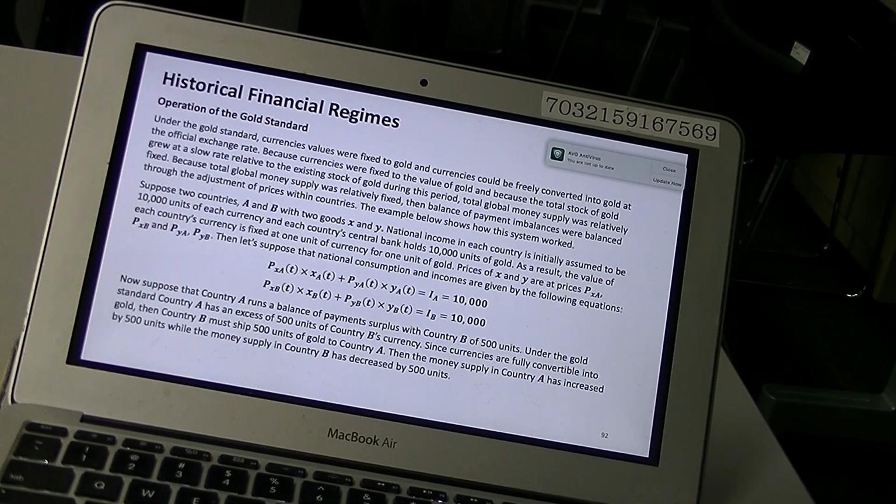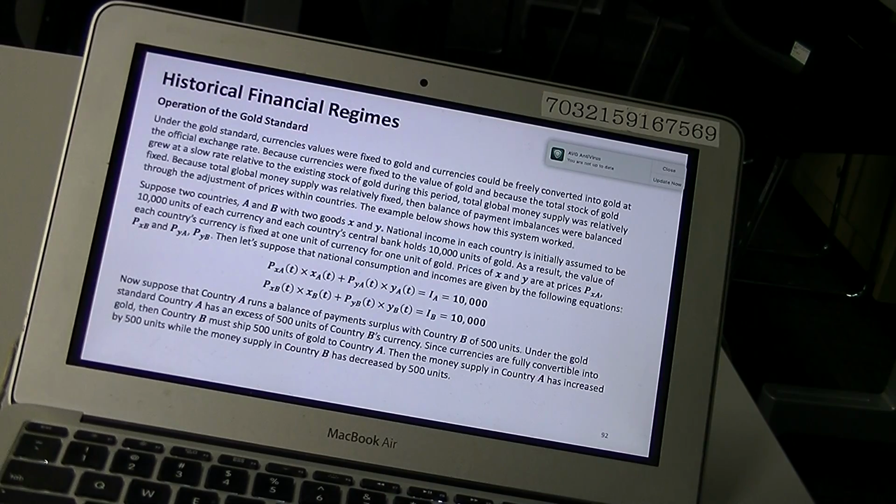But since the currencies are fully convertible into gold, all of the countries that are linked are fully convertible to gold, then country B, because they have a trade deficit, in order to balance the trade deficit, they have to ship 500 units of gold to country A. Literally, take the gold, put it on a boat or a train, and ship it to country A. So that's how, then, the money supply in country A increases by 500 units, and the money supply in country B decreases by 500 units.